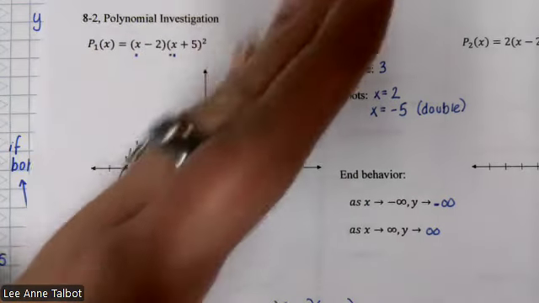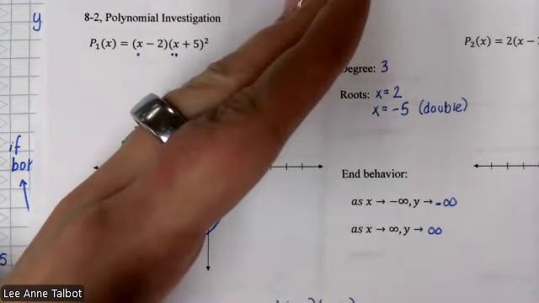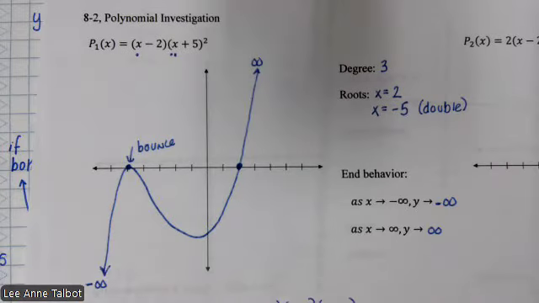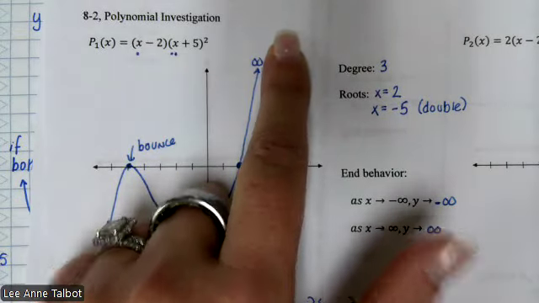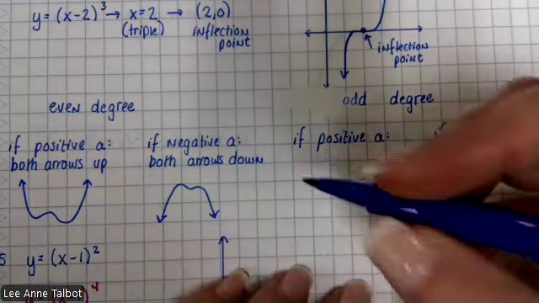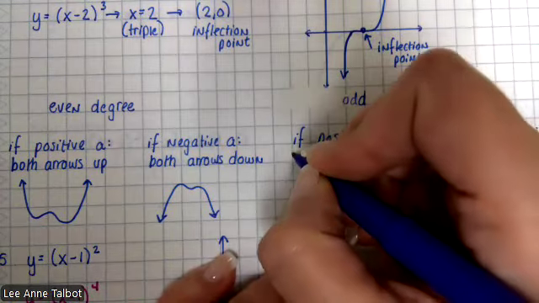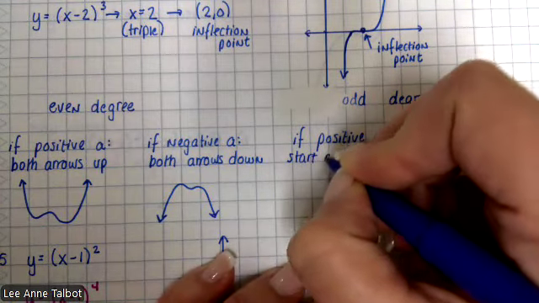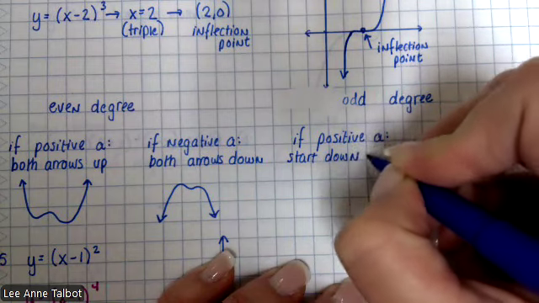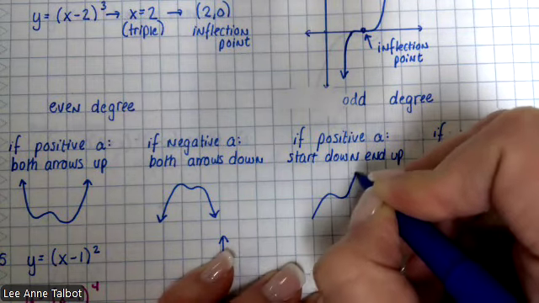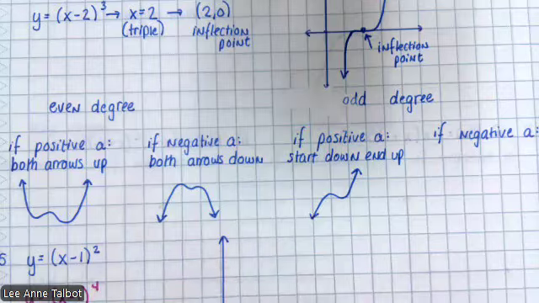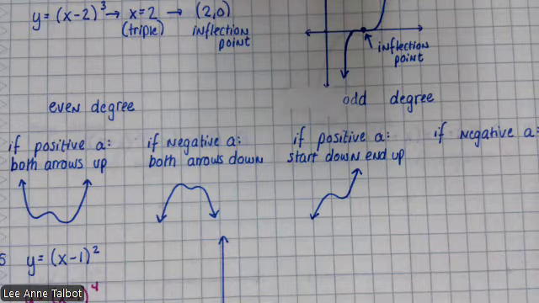This is a positive, so it's got a positive increasing over time. It means it's going to start low and eventually increase, like a positive slope. So I'm going to say start down and up. Something like that. Again, the amount of bounties in the middle is going to depend on the problem.